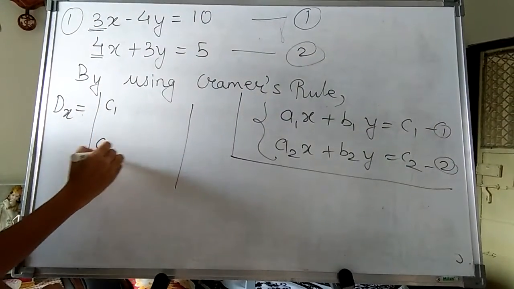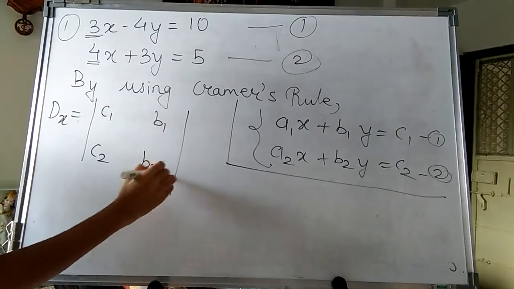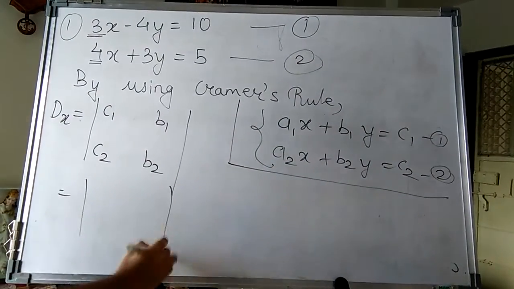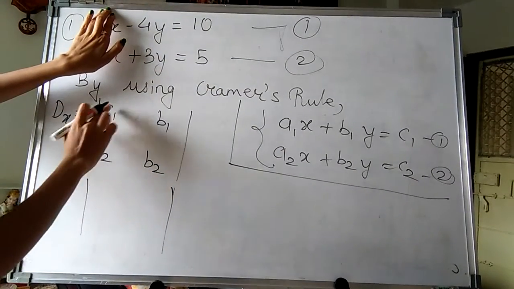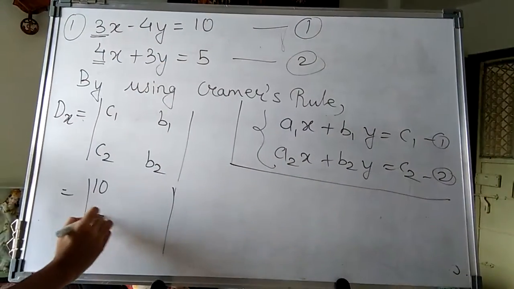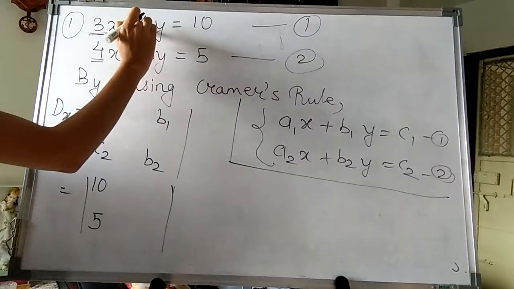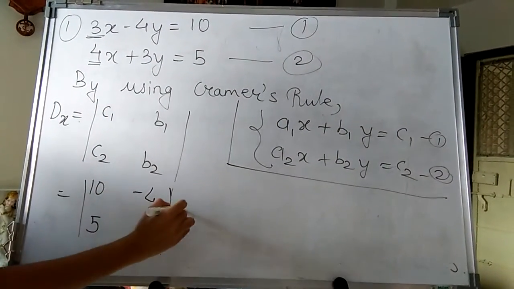So C1, C2, and then comes B1, B2. Now, what is your dx? Leave the x variable. What is your C1 here? 10. What is your C2 here? 5. B1 -4. B2 +3.